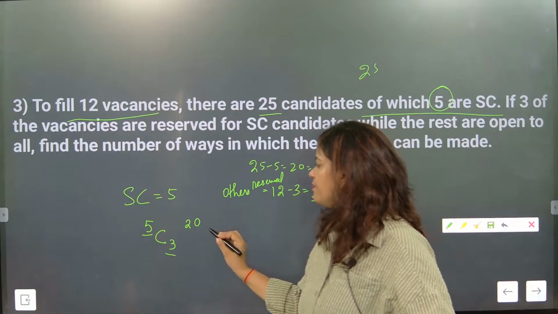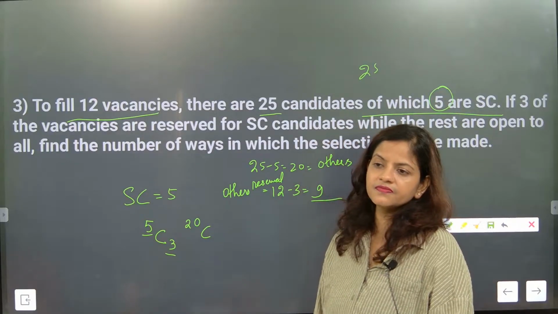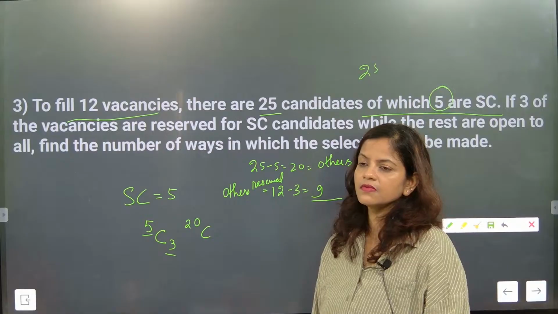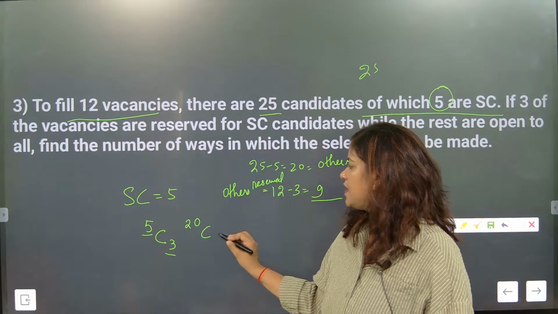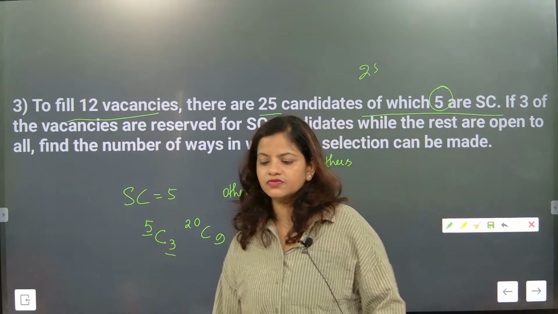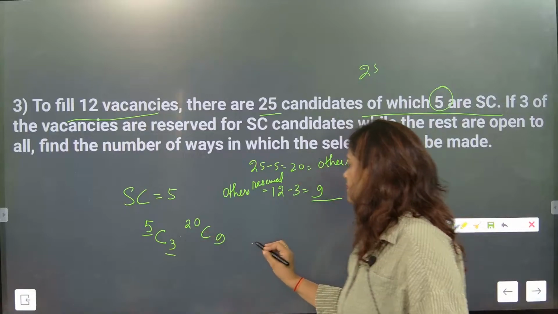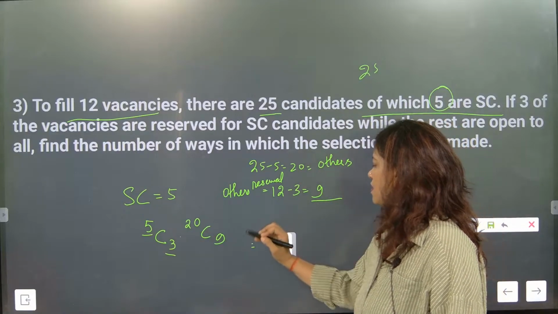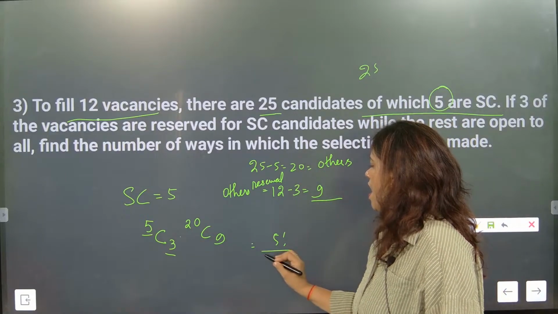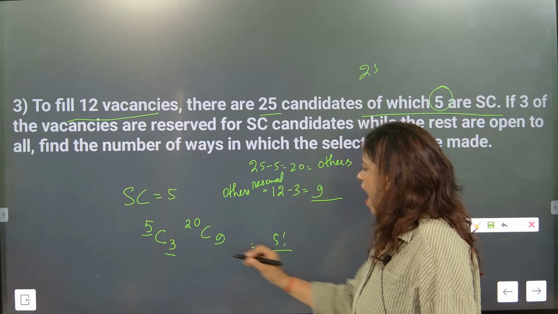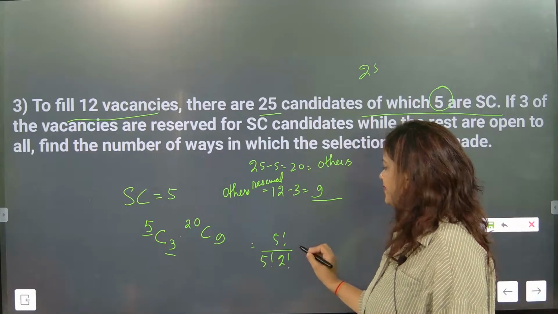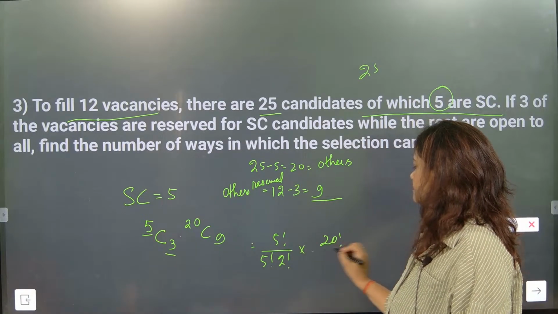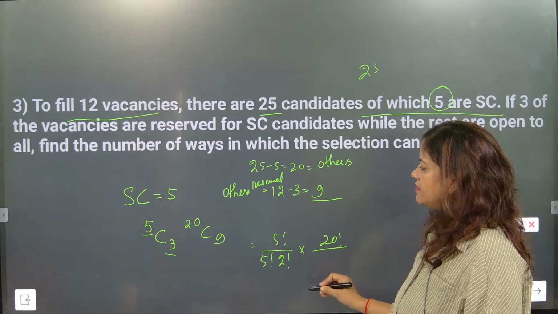And 20 people will fight for how many seats? 9 seats. That's it. So here multiplication. 20 minus 9.